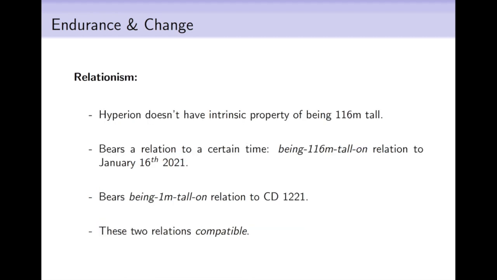If we're moved by this line of objection to presentism, and if we also find the objections to relationism, four-dimensionalism or perdurantism persuasive, then we might be tempted to try an alternative version of endurantism.